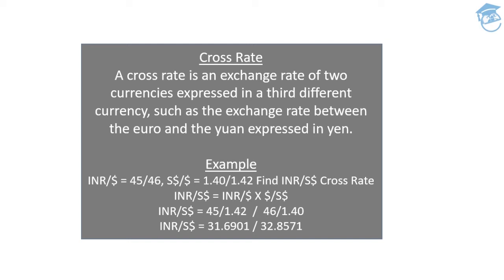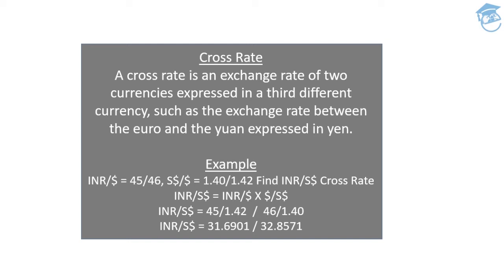With that 46 rupees, I'll purchase a dollar. Now, since I've got a dollar, I'll go to the bank and say, I've got a dollar and I need to purchase Singapore dollars. The bank will say, sorry, you're not here to buy the Singapore dollar, you need to sell. Why? Because my base currency is dollar in the second exchange, since it's available on the LHS.